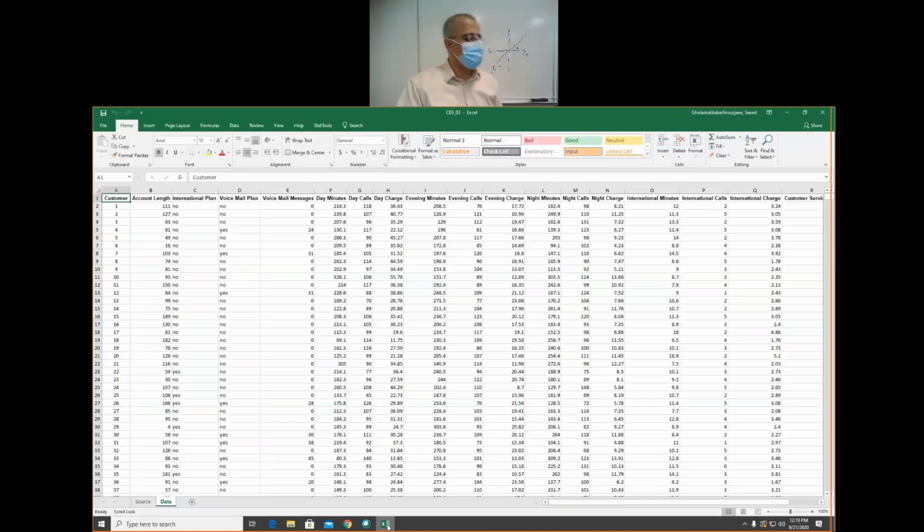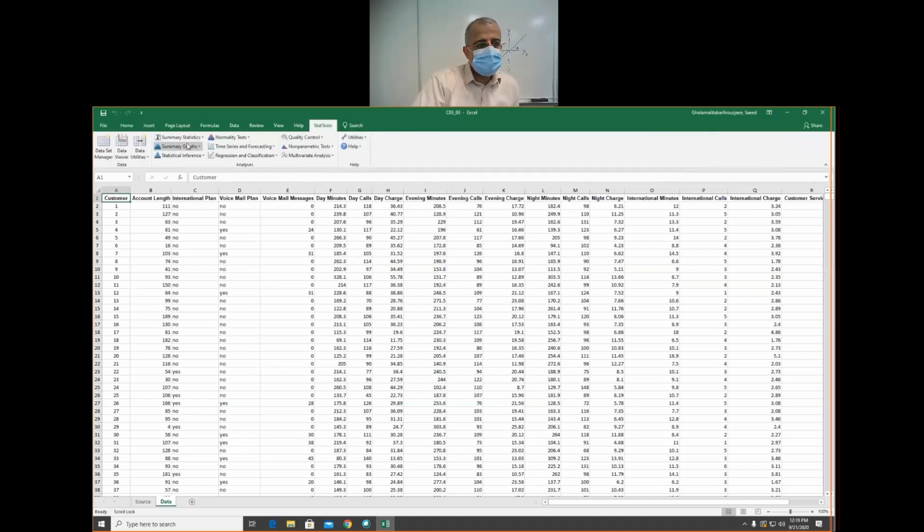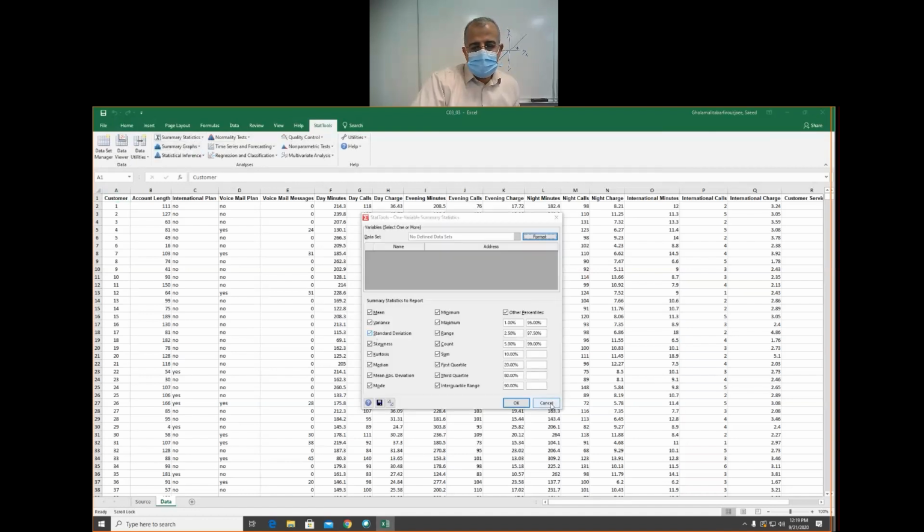With a histogram, you can check the distribution of a numerical variable, whether it is symmetric or not. And to check its summary measures, you can go to the summary statistic and check all these details about a single variable.